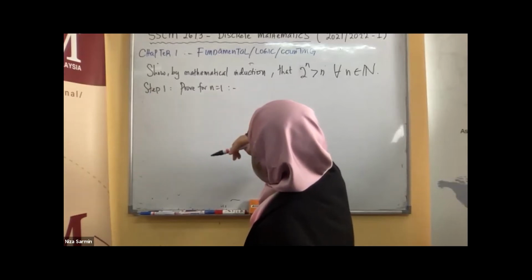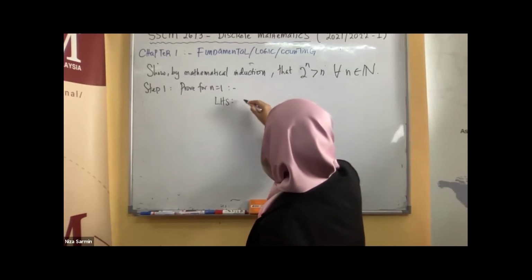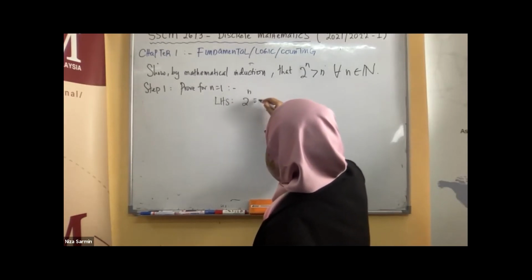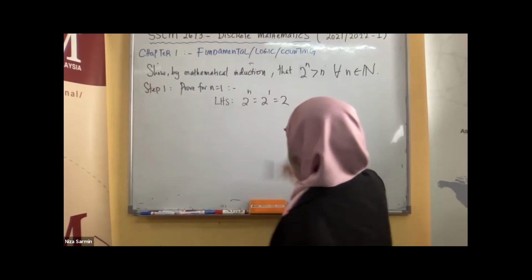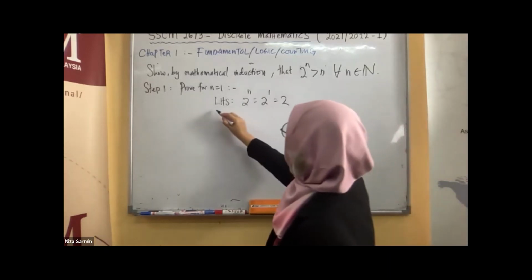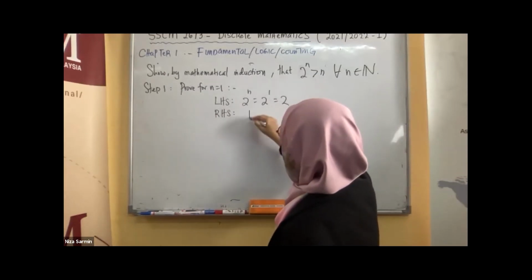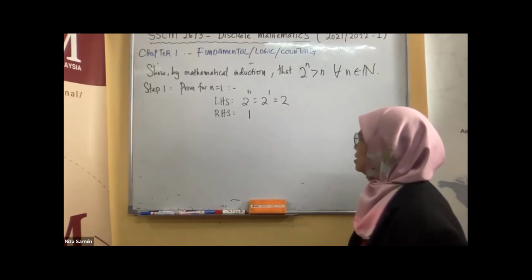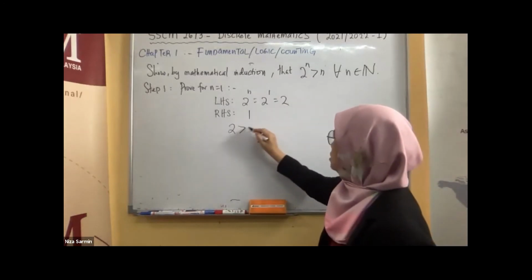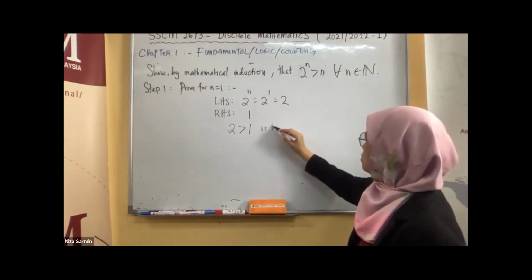Okay. Now, left hand side, 2 to the n is 2 to the 1, which is 2. Right hand side, nothing, it's just 1, right? 2 is bigger than 1 is true.